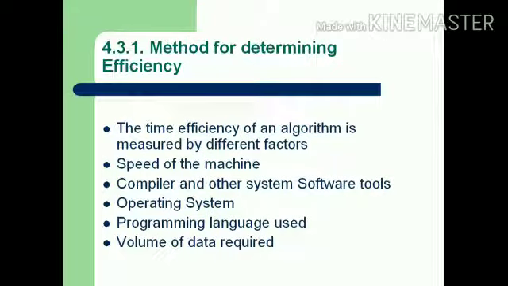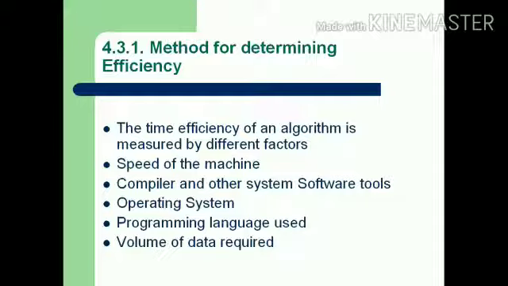Here, the method for determining the efficiency. If you calculate the time complexity, the time efficiency can be calculated based upon different factors. Based upon the speed of the machine, the time consumption may vary. If you are using a heavy processor machine, a smart and speedy machine, then the time requirement will be reduced.